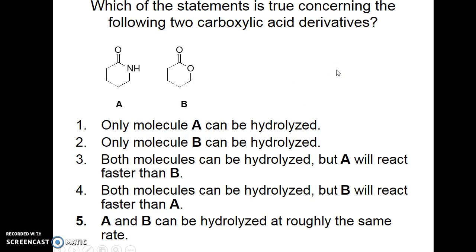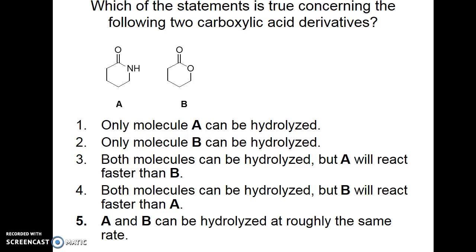Which of the following statements is true regarding these 2 carboxylic acid derivatives? Well, let's look at statement A. Only molecule A can be hydrolyzed. No, we know all acid derivatives can be hydrolyzed. Only molecule B can be hydrolyzed.